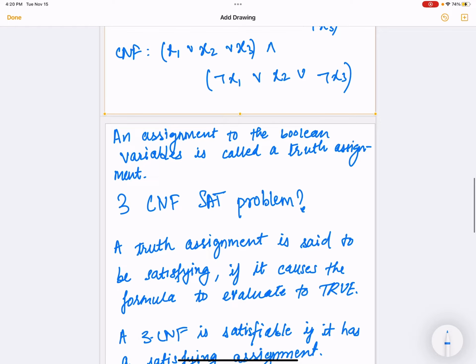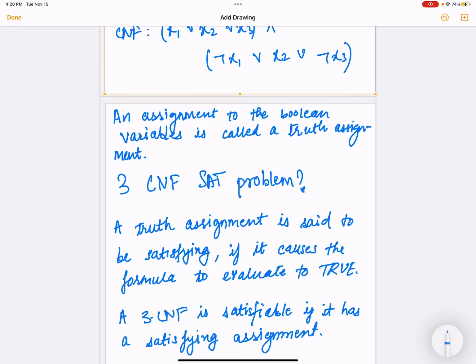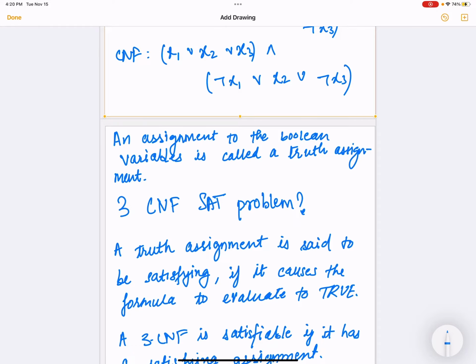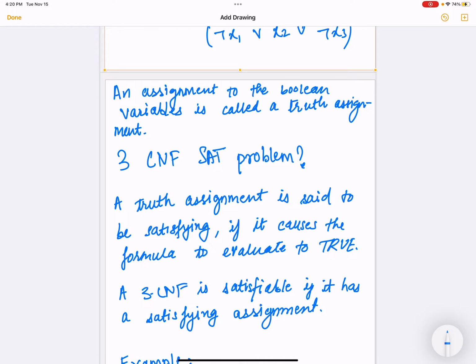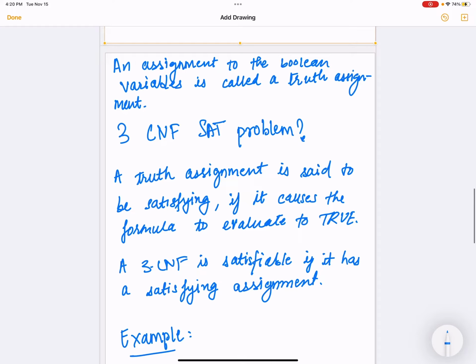Now whenever we assign values to these literals, it is called a truth assignment. Now what is 3CNF SAT problem? SAT is nothing but Boolean satisfiability, which asks whether the problem is satisfiable or not.